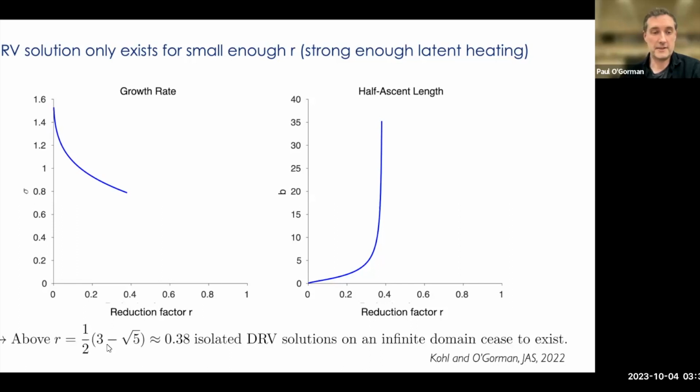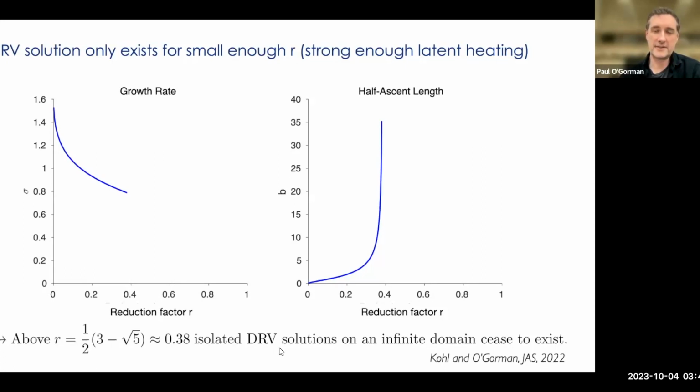And so basically, if you look at the equations, you can see what's happening at R equals 0.38. You can get solutions for R below that value, and for R values larger than that, at least in an infinite domain, they don't exist anymore. And so this is quite interesting.